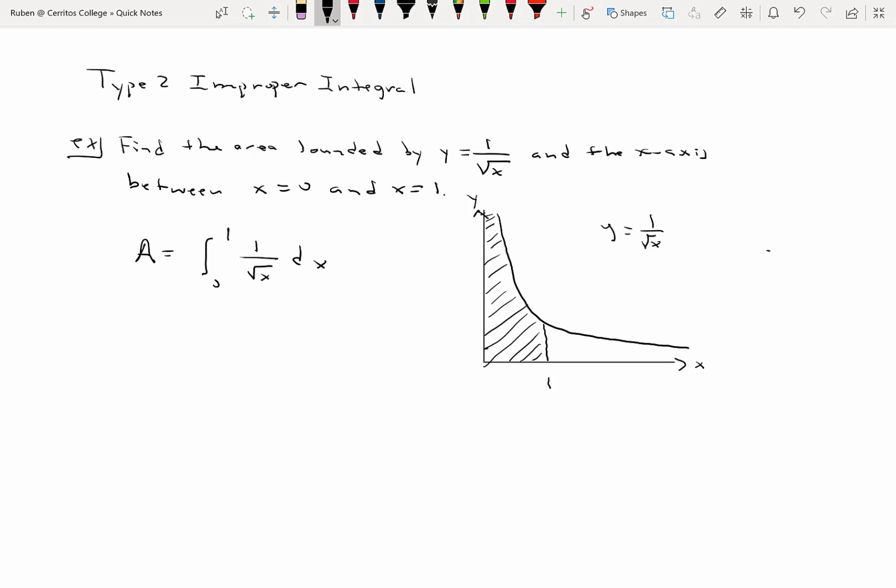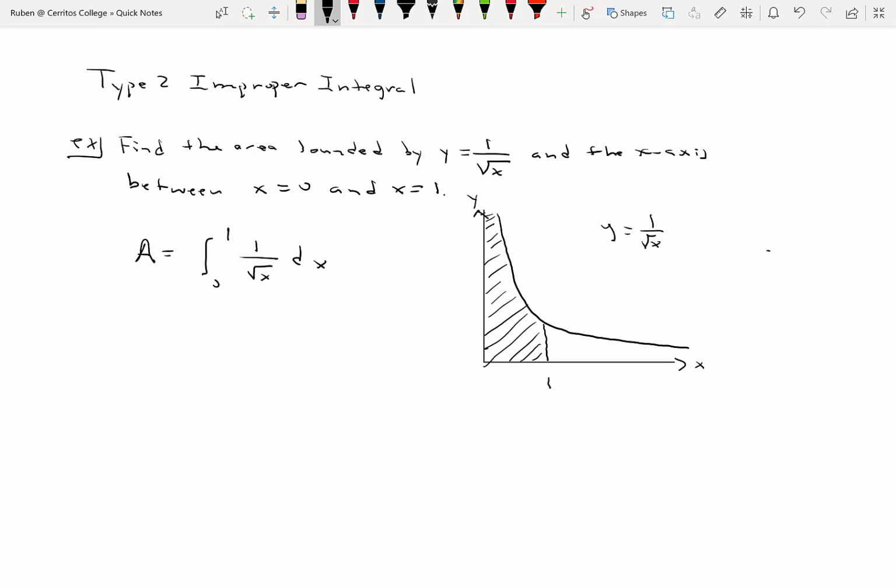This is very different from what we encountered in Calculus 1. In Calculus 1, we never integrated or found area in a region where the function became infinite at a particular point. That's essentially what makes the type 2 improper integral: a function that is not continuous within the interval of integration. Clearly, the function here is not continuous at x equals 0.